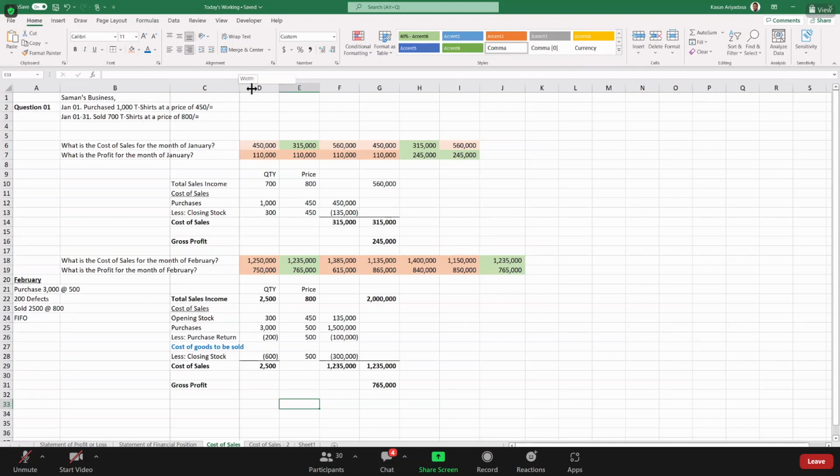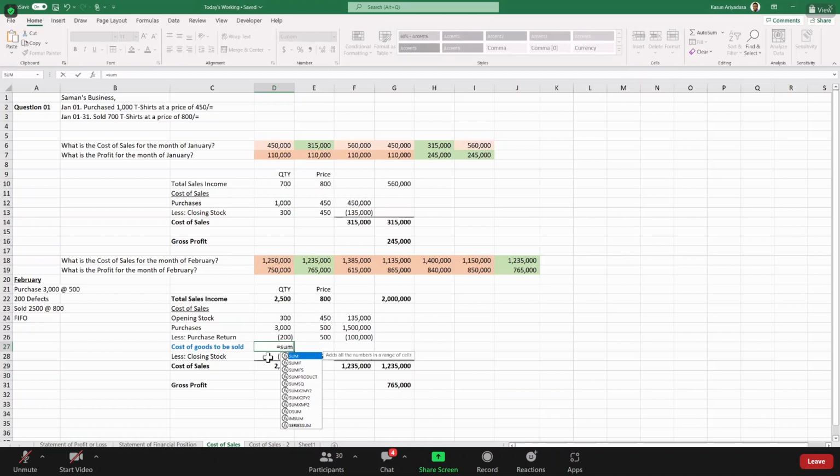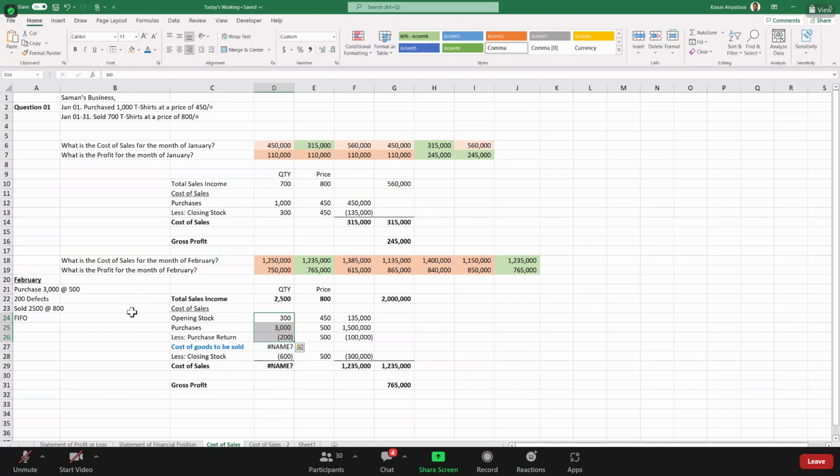We can say, now the stock value is, now we had 3,000 stocks, and then we have to make some adjustments here.